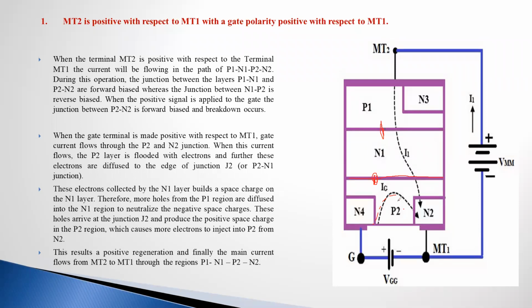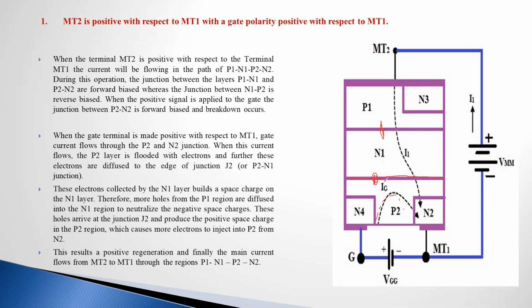Then, with the injection of current carriers, whatever depletion layer is formed at this junction is going to decrease, and at a particular gate current level, the depletion layer is totally finished.